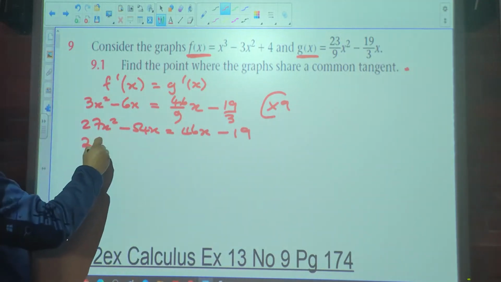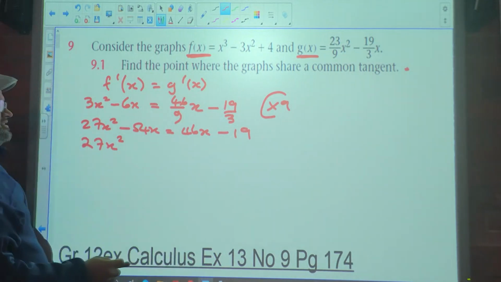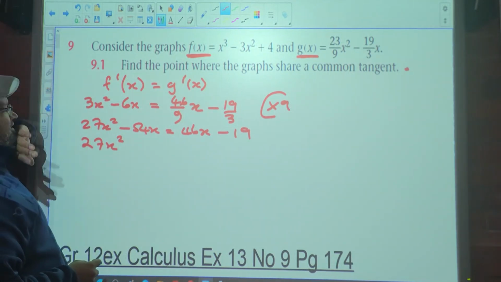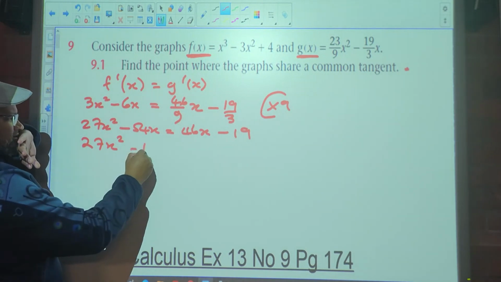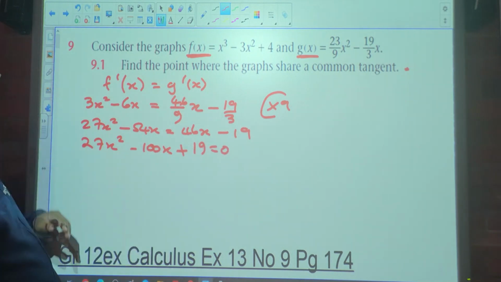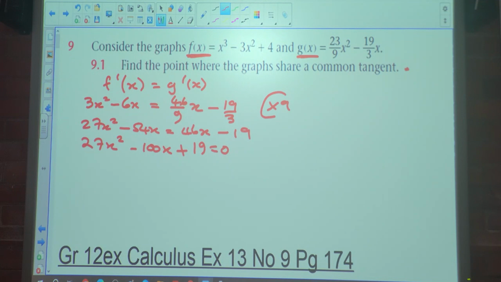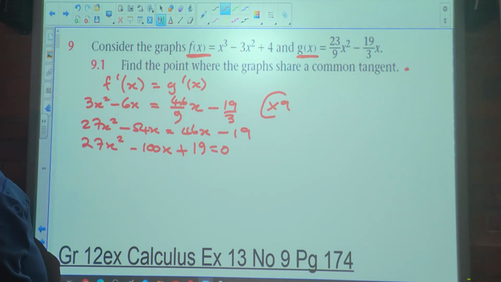Even to one side as a quadratic: 27x squared minus 54 minus 46 is negative 100. Is that correct? 100x plus 19 is equal to 0. Sorry? 3 times 9, 93 is not 90.